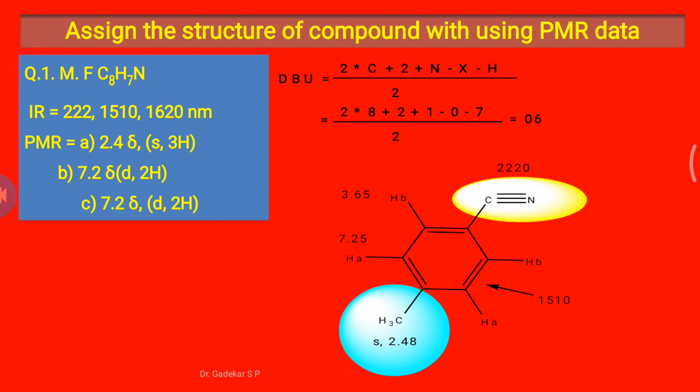The methyl group is observed at 2.4 delta as a singlet because there are no neighboring groups. So collectively, this information assigns the structure of the compound as para-cyanotoluene. This information helps determine the structure, and we confirm this structure, para-cyanotoluene.